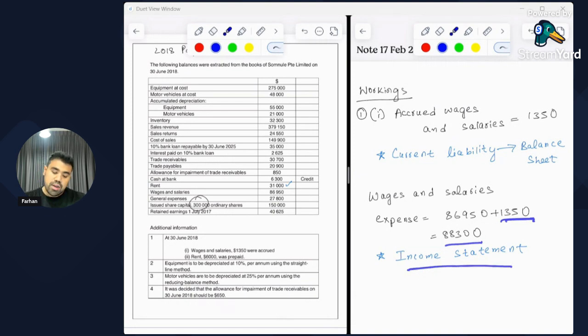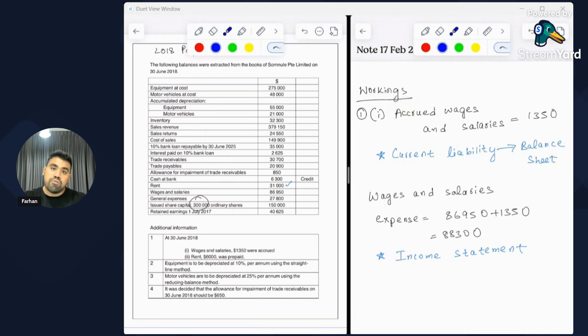All right. Now, let's have a quick recap. First of all, we have accrued wages and salaries of $1,350. When we say it's accrued, it means that we have taken the benefits, we have used the hard work of our staff or our employees, but we still haven't paid them yet. And therefore, this is money that we owe to our staff and therefore classified as a current liability and is to be reported in the balance sheet.